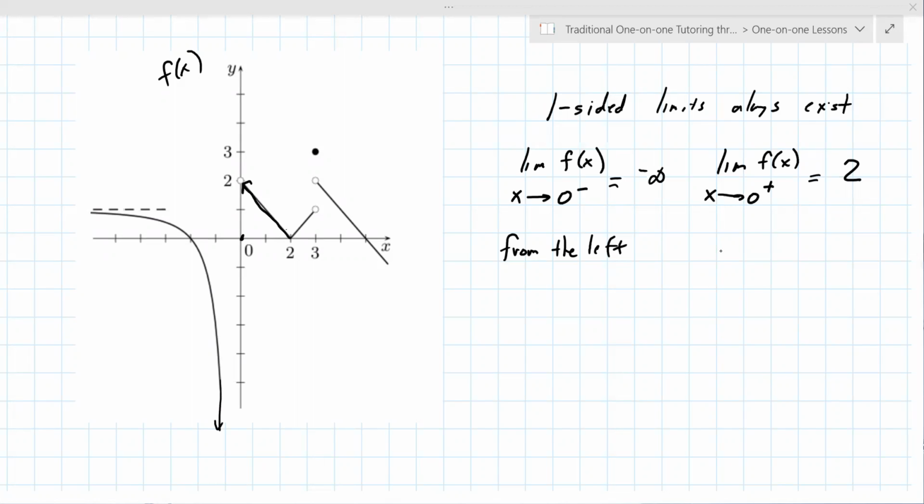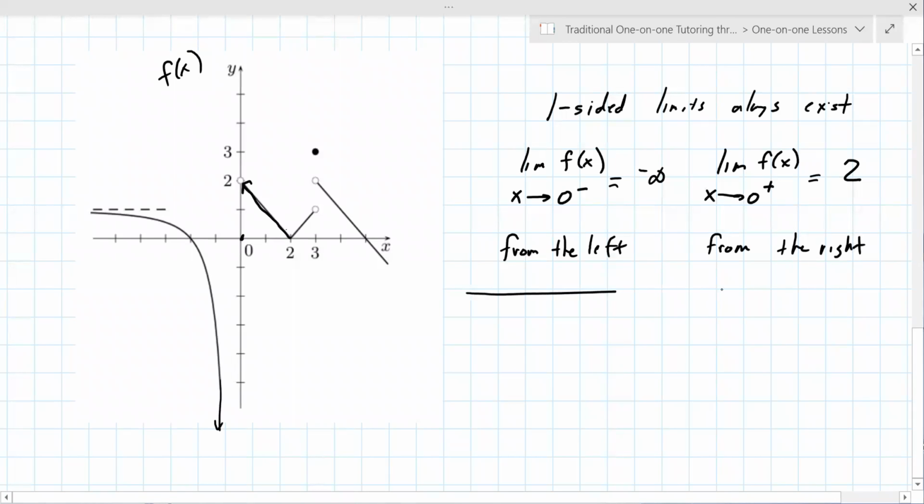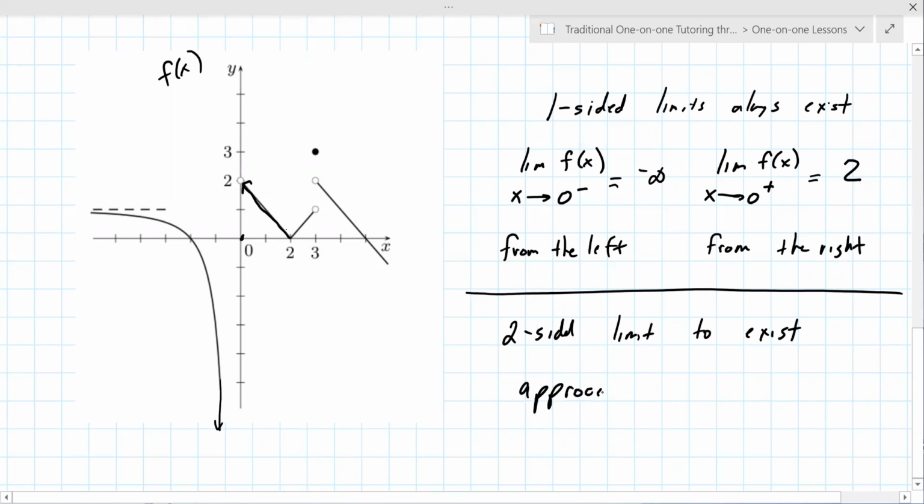So that's the first thing. For the two-sided limit to exist, we'll talk about that first, it has to approach the same value from the left and right.